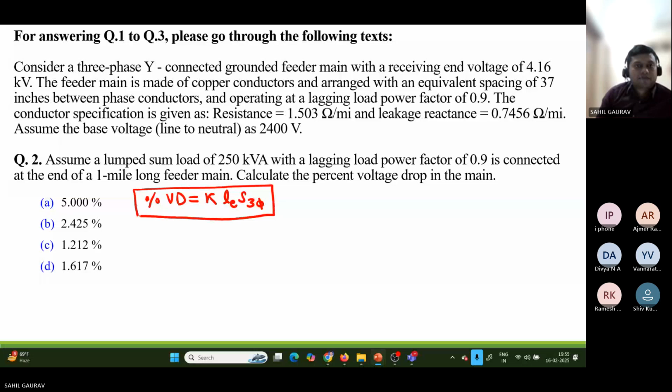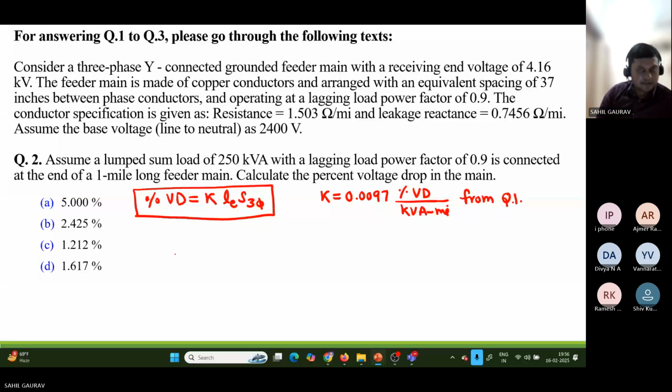Now in the previous question, we found this K value. K we got from the first problem, 0.0097 percentage voltage drop per kVA mile. Now you have to substitute this value here.